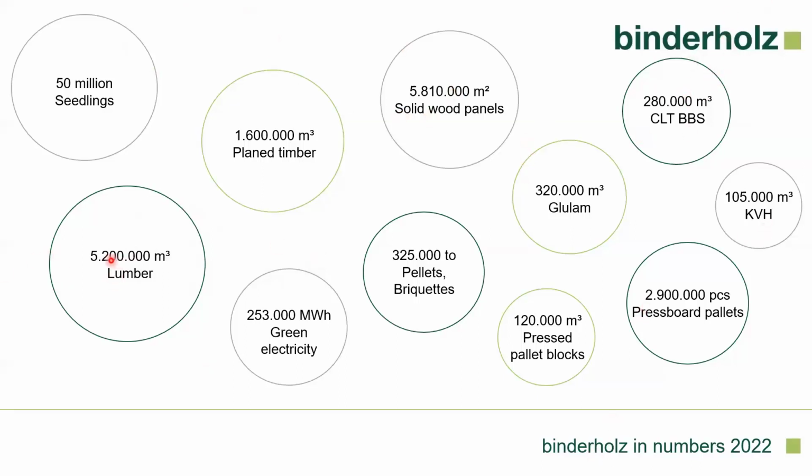If I take this 5.2 million of lumber and take the glulam numbers and the CLT numbers, we are at 600,000 cubic meters, and let's round it up, it's 10% of our business. So it's important to understand that not 100% goes only into these high-level manufactured timber products. The important thing is the diversity, and I think you see the diversity perfectly here in the numbers.